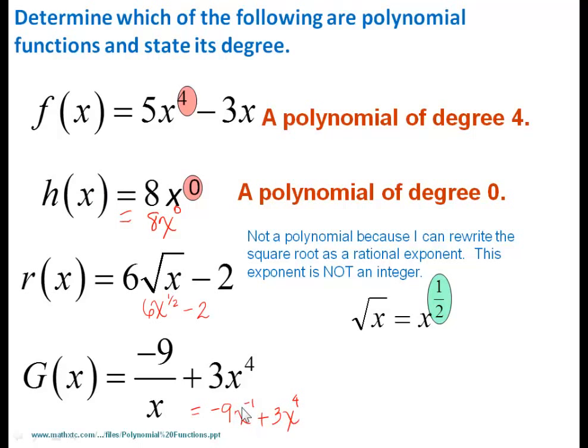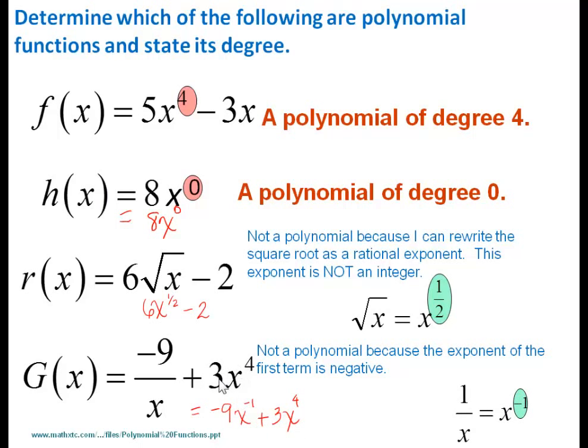Well, according to our rule, we can only have positive integers, and here I have a negative integer. So this disqualifies this function as a polynomial function. Okay, so when you're asked if an expression is a polynomial function or not, be careful. Make sure that all of your exponents are positive integers.